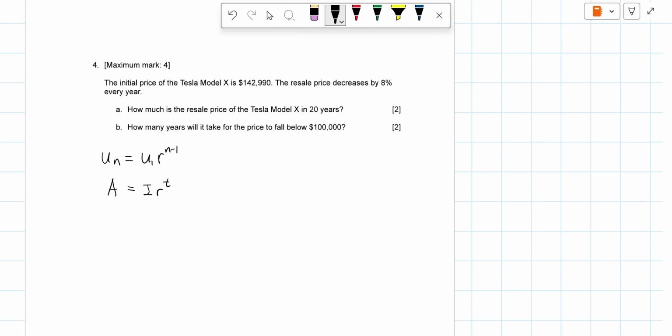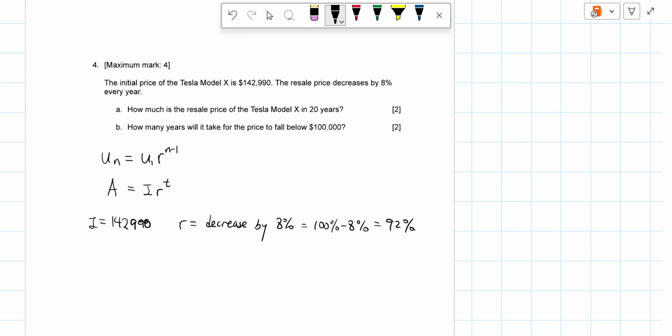If you don't remember this formula, well, you can try to make it somehow from here. But let's plug in our values that we know. So we know that the initial price is 142,990, and we know that R is decreasing by 8%. So for me, that sounds like 100% minus 8%, which is 92%.